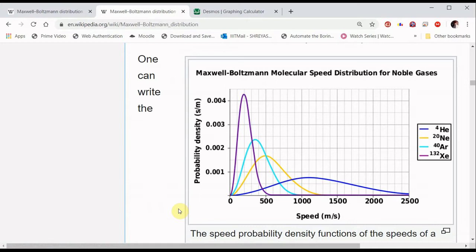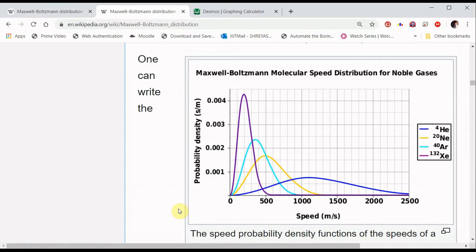The probability that that particle has an exact speed of 200 is actually zero, because the possible speeds are infinite, because you could have 200, you could have 200.00001, 200.0000001. So the probability that the speed is exactly 200 is zero.